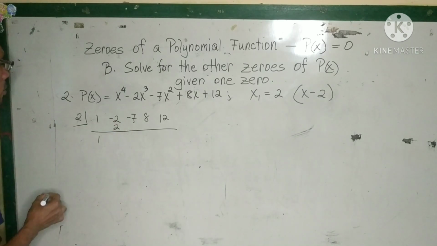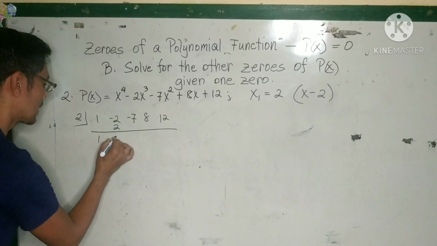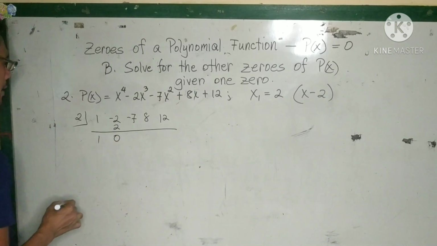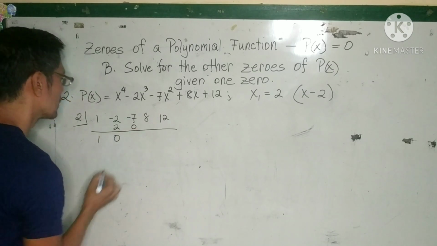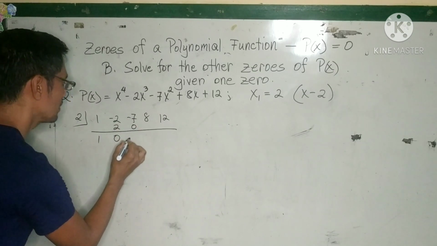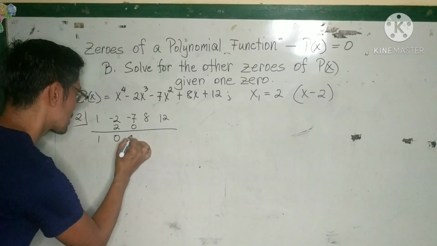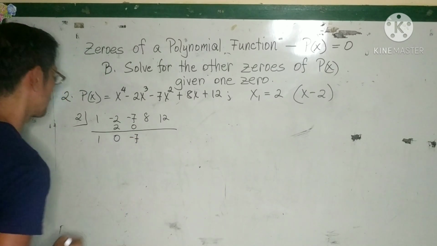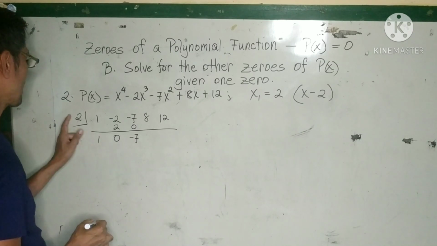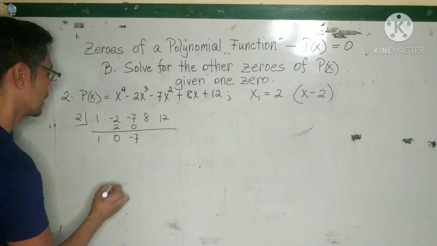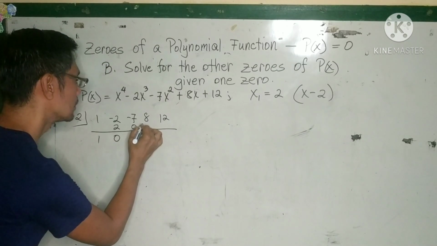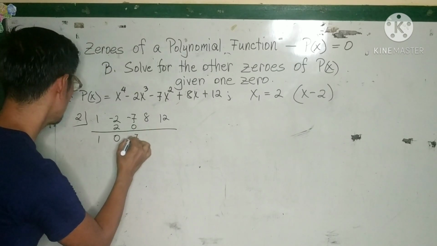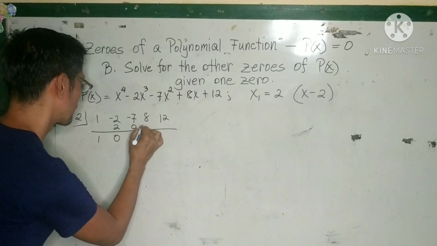Okay, applying the synthetic division, we have 1 times 2 is 2. Then negative 2 plus 2, that is 0. Then 0 times 2, we have 0. Negative 7 plus 0 is negative 7. Negative 7 times 2 is negative 14.